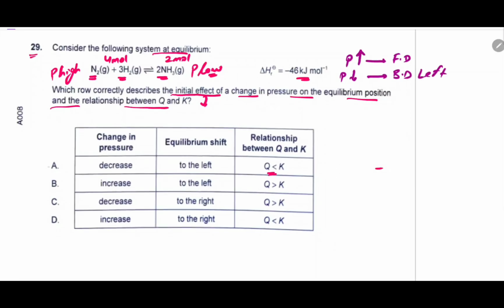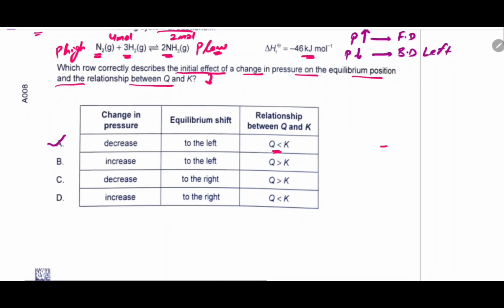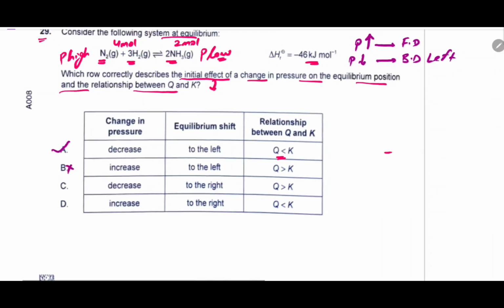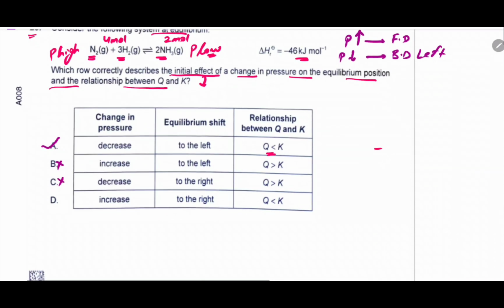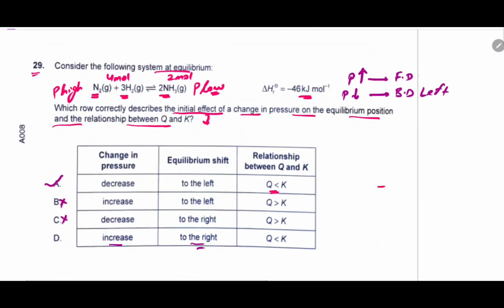It means option A can be correct. If I increase pressure, the reaction moves to the left hand side. No, wrong. If I decrease pressure, the reaction moves towards the right hand side. It should move towards the left hand side, so that is also wrong. If I increase pressure, the reaction moves towards the right hand side, the forward direction. It means option D can also be correct.